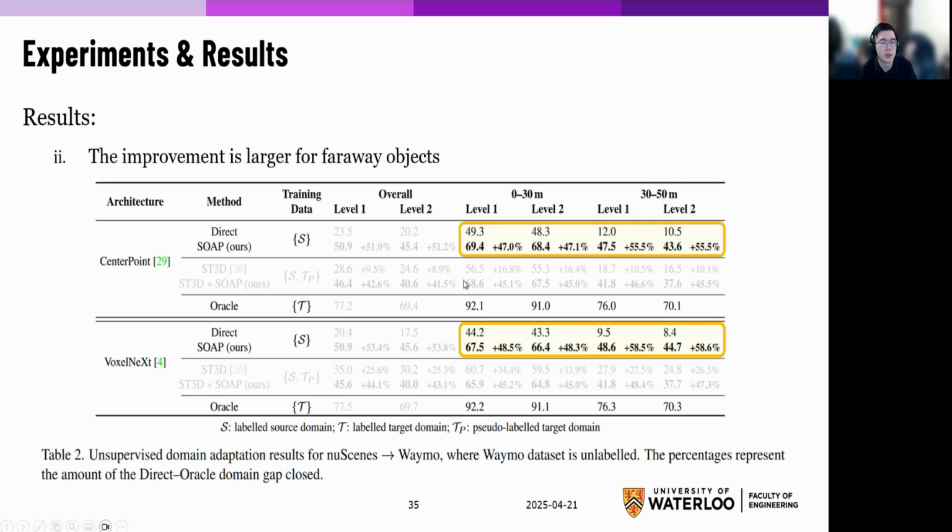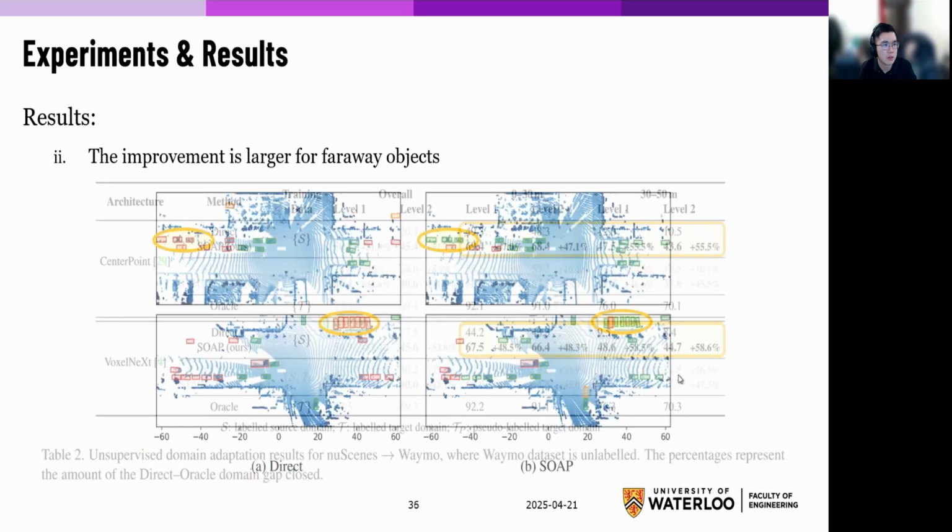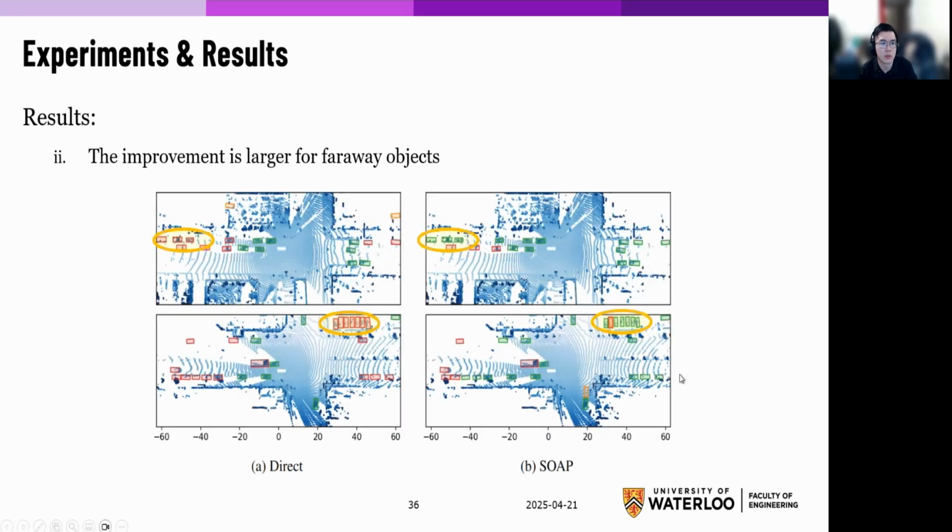And we see that because we're using full sequence aggregation to eliminate those scanline patterns and to densify the point clouds, we see a much larger improvement for those objects, especially for 30 to 50 meters. This can also be seen qualitatively in the two examples shown here, where for faraway objects, especially the ones that are parked on the side of the road, the SOAP pseudo-labels can very consistently detect those cases.